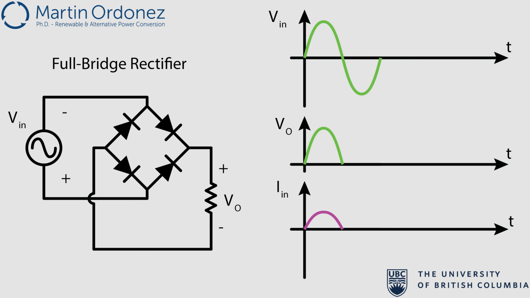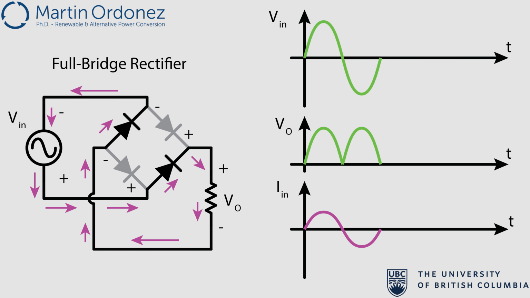During the negative half cycle, a negative voltage is applied to the diode bridge, which makes the other 2 diodes conducting while the other ones are reverse biased. In this situation, the output voltage is equal to the negative of the input voltage. As you see, with a full-bridge rectifier, both positive and negative half cycles of the input are converted to positive voltages at the output.